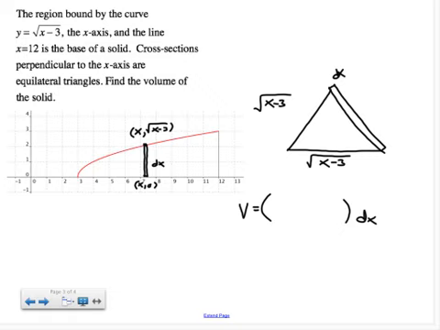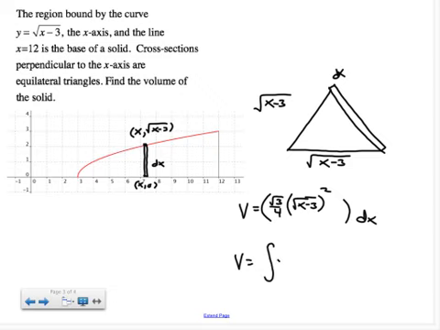But the area of an equilateral triangle is the square root of 3 over 4 times the side squared. So I have the square root of x minus 3 as the side length. We're going to square that, and that'll be the area of the face times the dx, will give me a volume. So the volume of the whole solid now is going to be the integral of this formula.